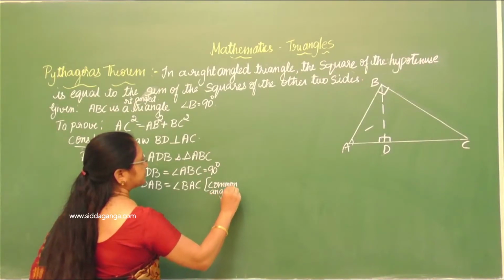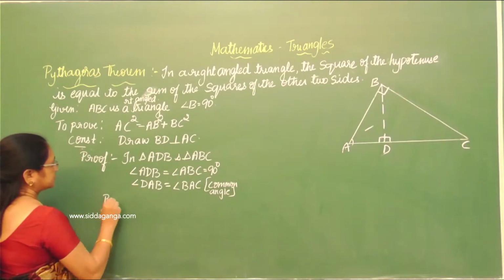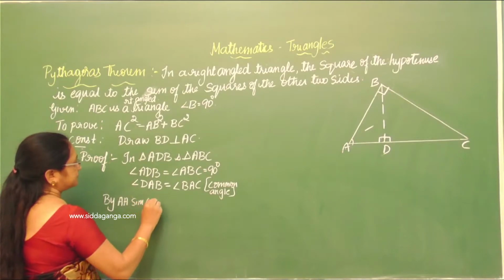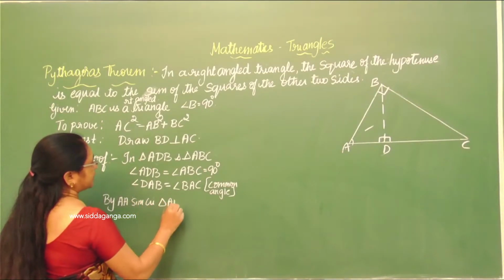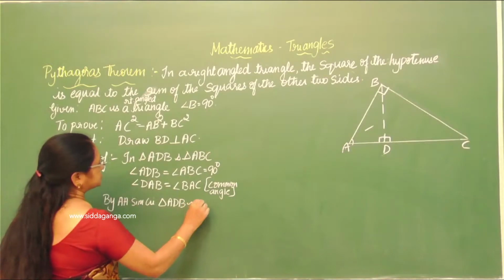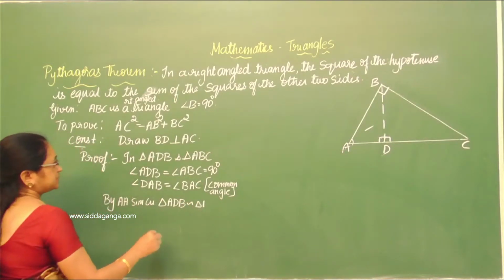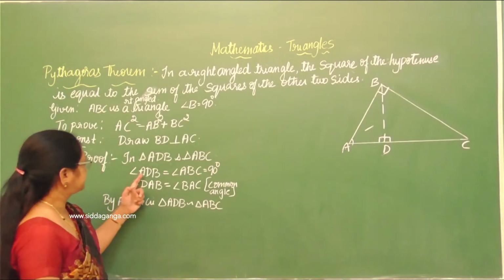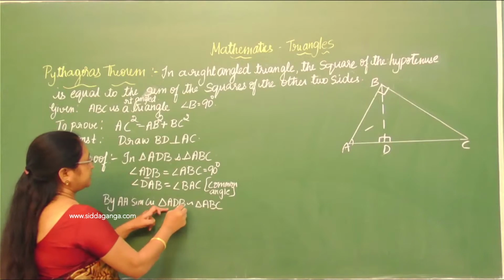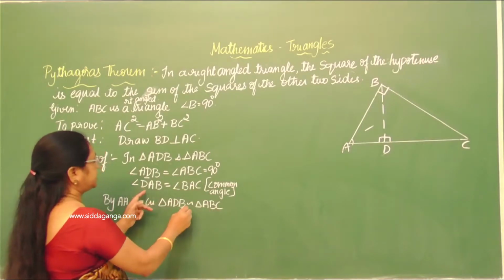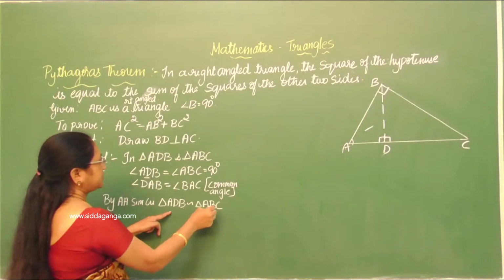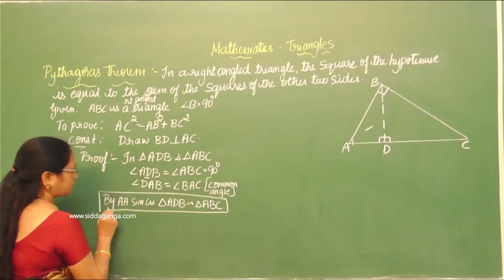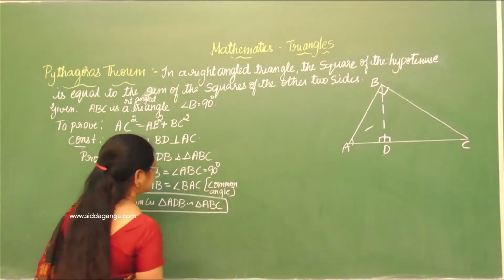So can I write, by AA similarity criteria, triangle ADB is similar to triangle ABC? See, once again you check. ADB is equal to ABC. DAB equals BAC. Correct. Now we have this. So let us keep it as it is now.